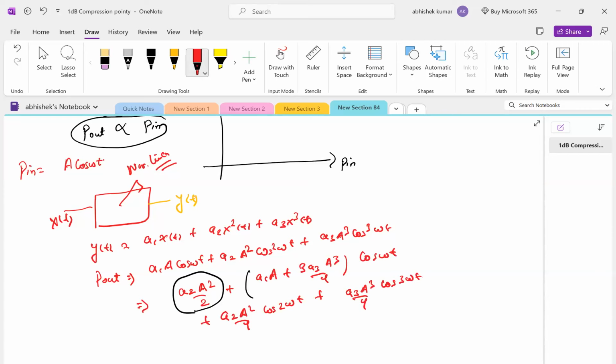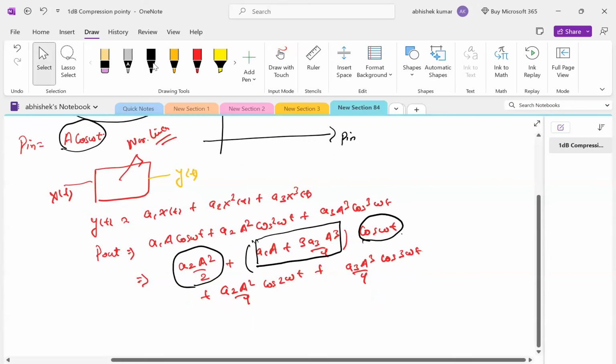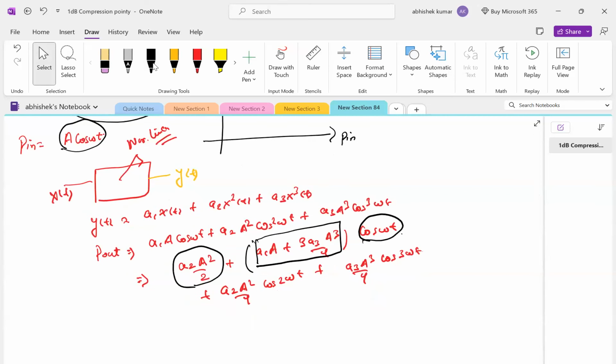You are getting different frequencies, but the frequency you are targeting is cos omega t, right? Here you see that your gain gets compressed when you pass it through a non-linear system.